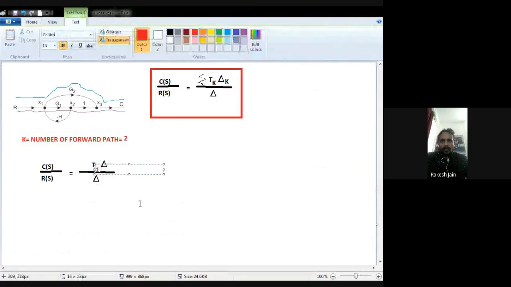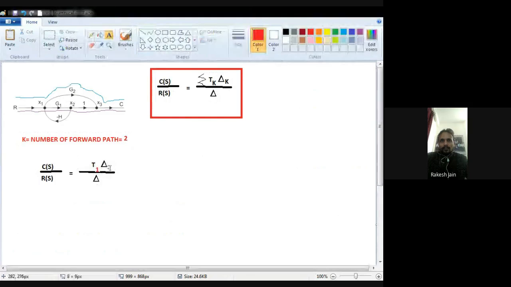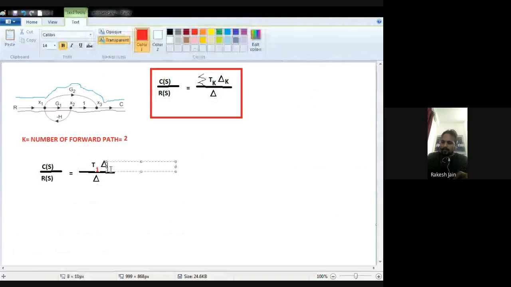Now, what will be my new formula for C(s) upon R(s), which I have to find for this question? It depends on the value of k, because k is 2 here.